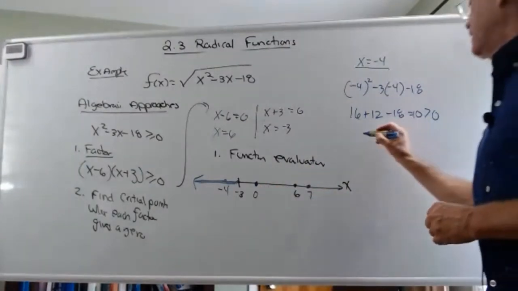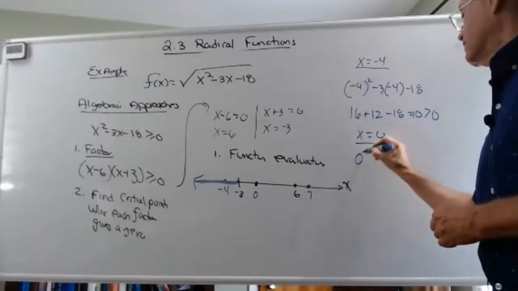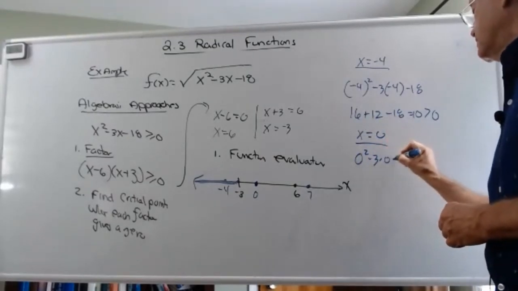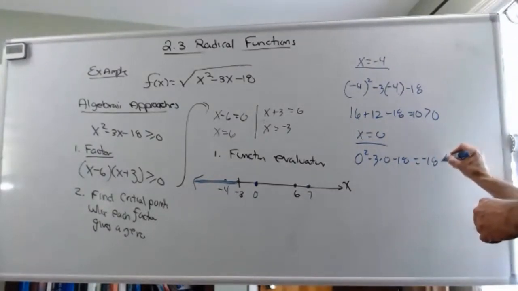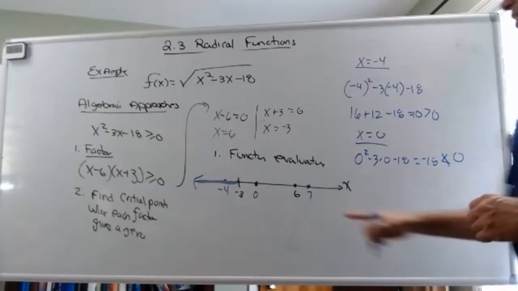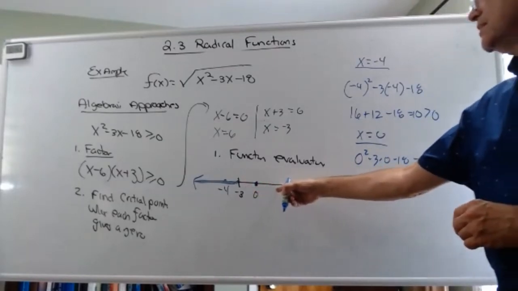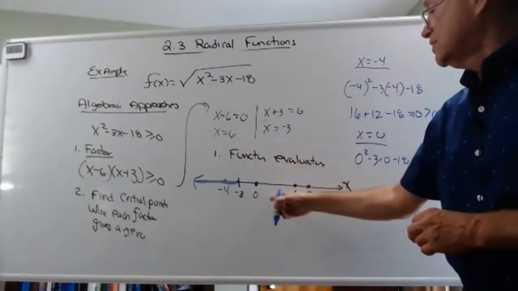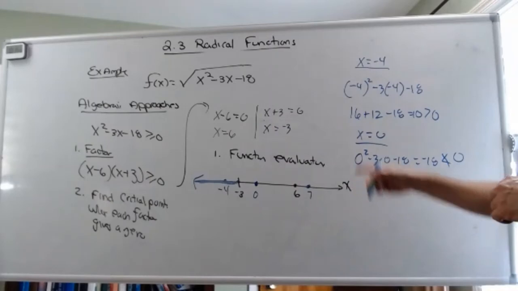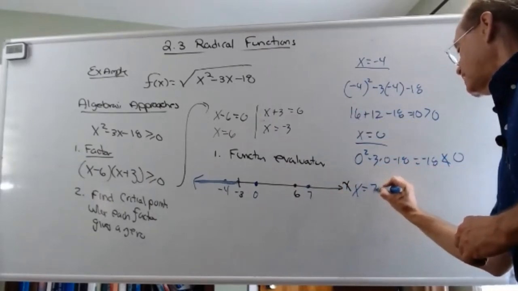Now evaluate at x is equal to 0. So what do I get? I get 0 squared minus 3 times 0 minus 18. That gives me negative 18, which is not greater than 0. So in this interval over here, I omit all those values. Now you can try any number, it will work out. Then I pick the last case over here, x is equal to 7.